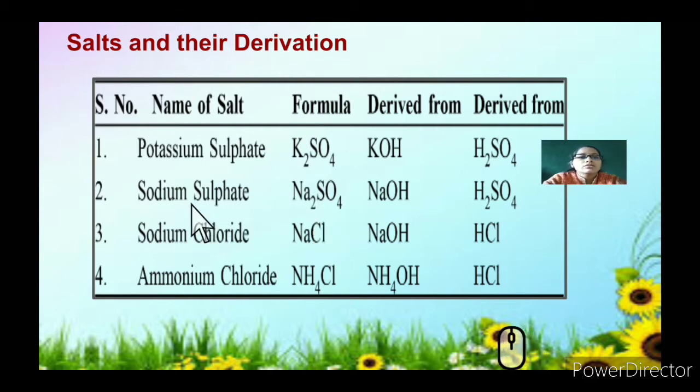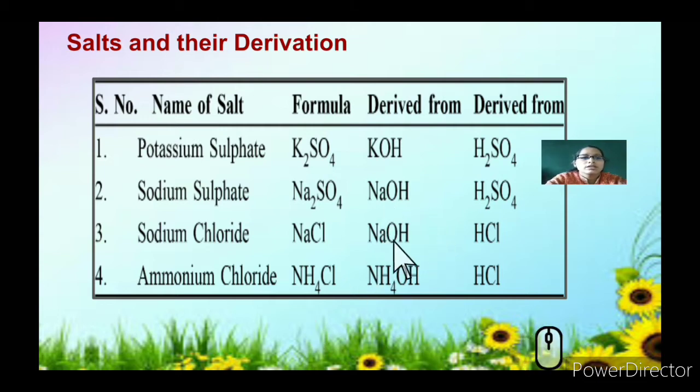Next we will see sodium sulfate. When a reaction happens between sodium hydroxide and sulfuric acid, it forms the product sodium sulfate, that is Na2SO4. The salt derived is Na2SO4.